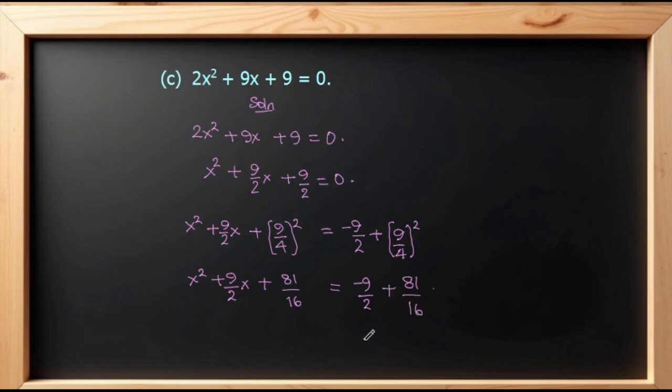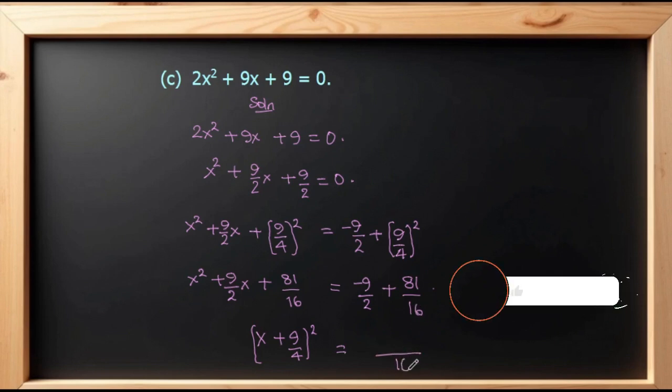Now let's simplify the right hand side as well as completing the square from the left hand side. So we pull one of this x, then we take the half of that coefficient of x, that is 9 over 4, then we close this bracket and we square. So having done this, we'll go ahead and get the LCM of these two numbers, and that is 16. So 16 divided by 2, we have here 8.